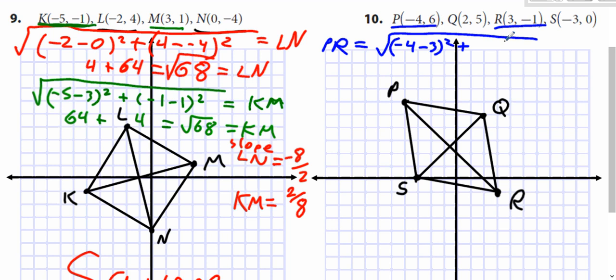And then y minus y, 6 minus negative 1 squared. So that's negative 7 times negative 7 is 49 when you square it. And then 6 minus negative, so that's plus 1. It's 7 squared, again, it's 49. Add that up. You get 98. Square root of 98 is PR.